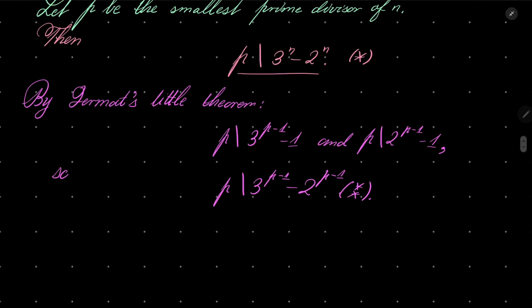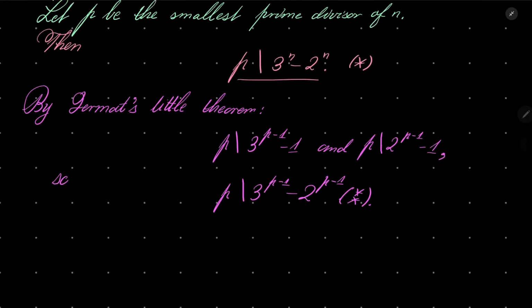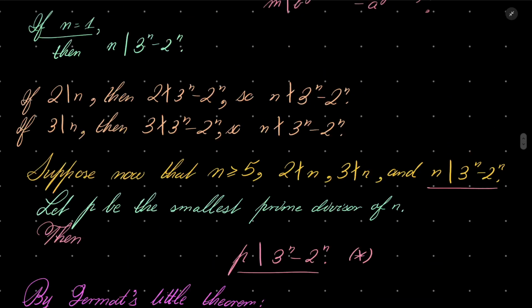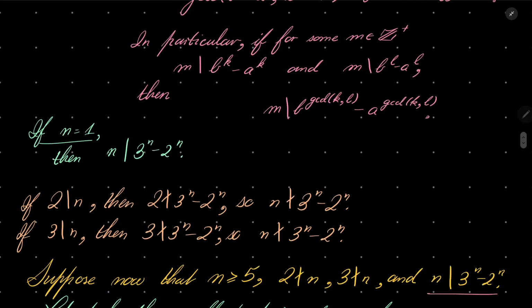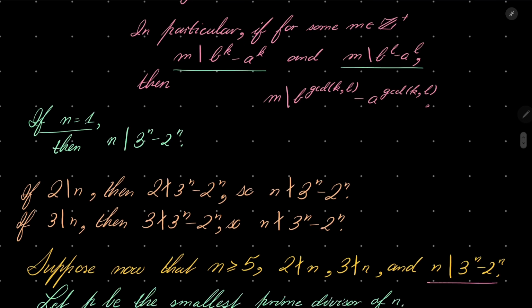And now it's time to use our powerful theorem, or rather the corollary of our theorem. We have established that p divides some difference, p divides some other difference, so it must divide the difference with GCD in the exponents.